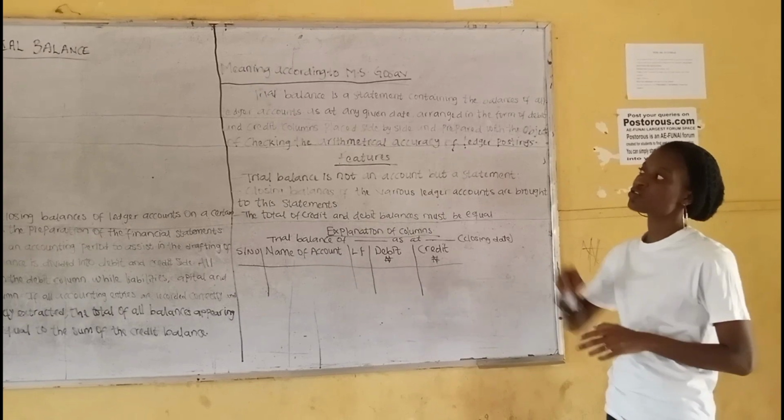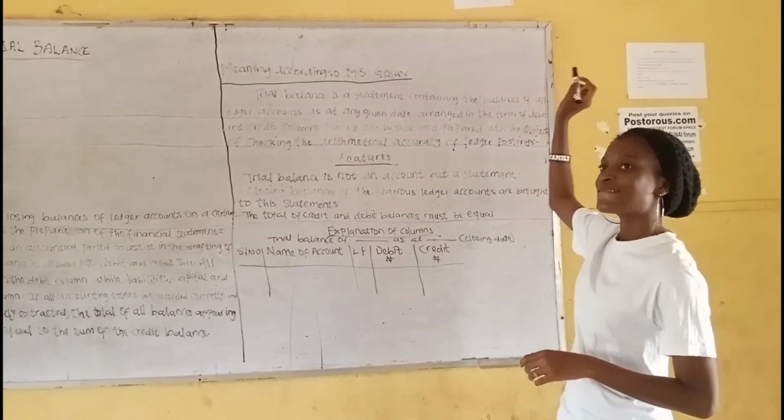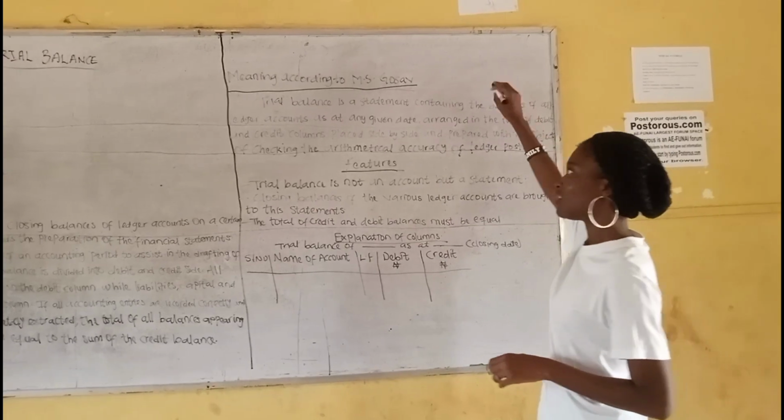So, like I said, the trial balance is always gotten at the end of the ledger account.